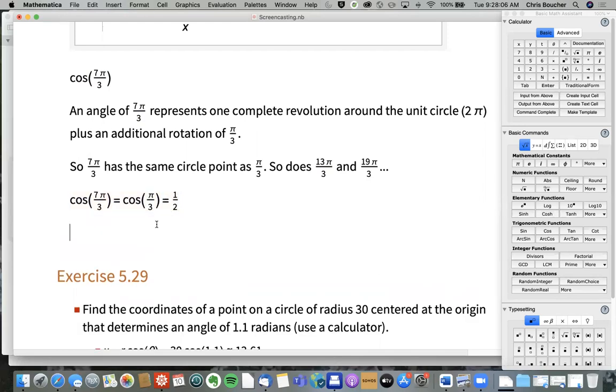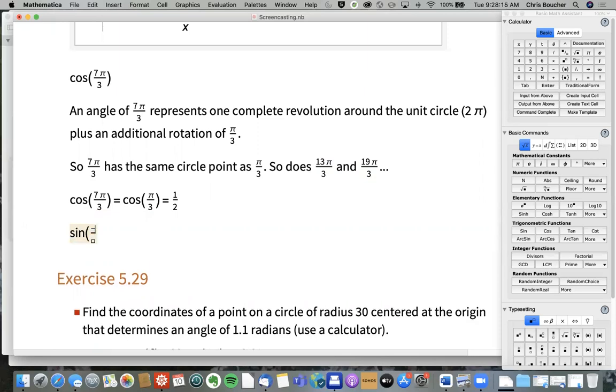Similarly, let's do one more and that'll be good for today. Let's try to find the sine of negative 21 pi over 4. First of all, this is a negative angle. It just means that it's a clockwise rotation around the unit circle instead of a counterclockwise rotation.